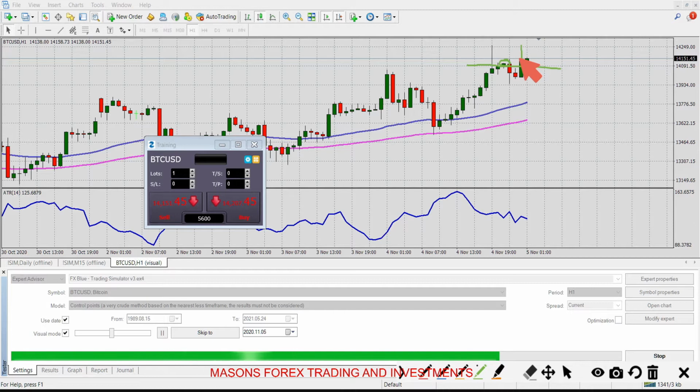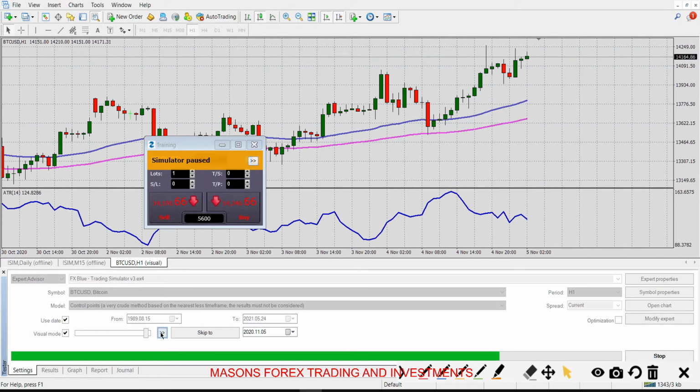This rejection bar is telling me that the sellers may want to push price lower. I'm going to pass on that trade.